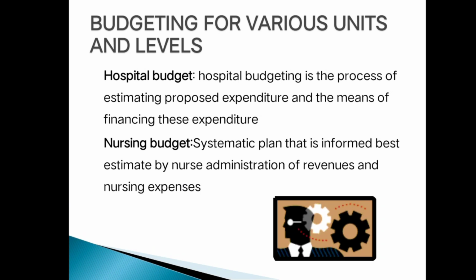Next is nursing budget. It is a systematic plan that is an informed best estimate by the nurse administration of revenues and nursing expenses. So nursing personnel will decide the expenses for the nursing fraternity. That means the nurse administrator will decide what all expenses are needed for the nursing faculties.